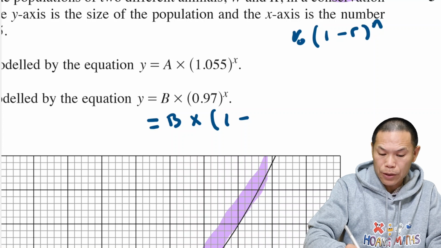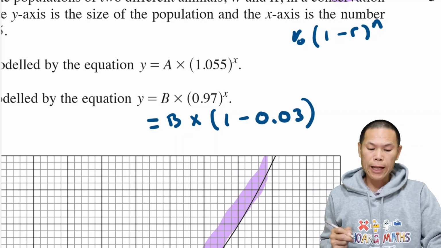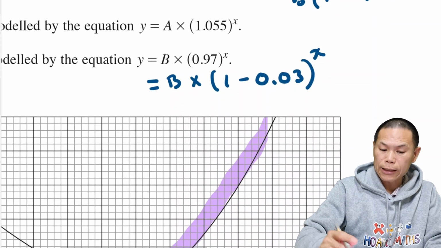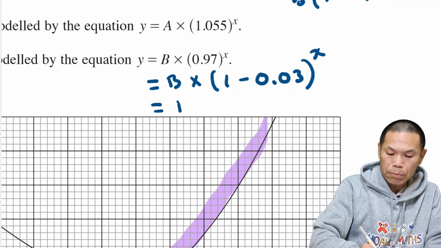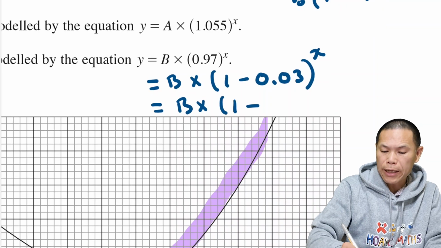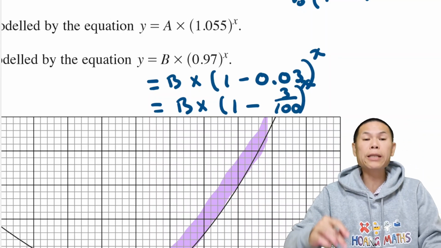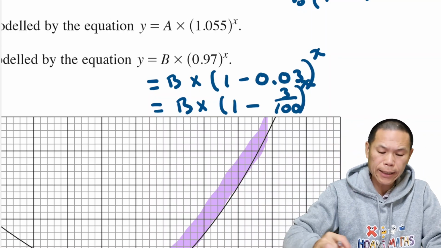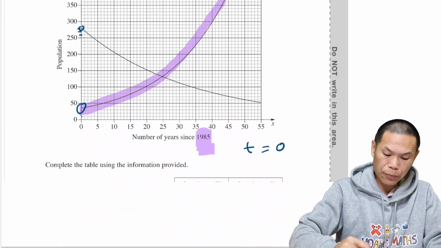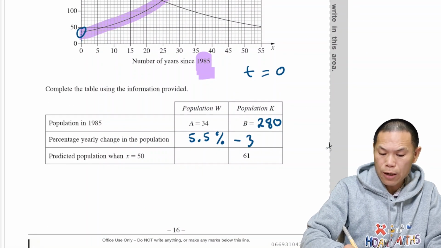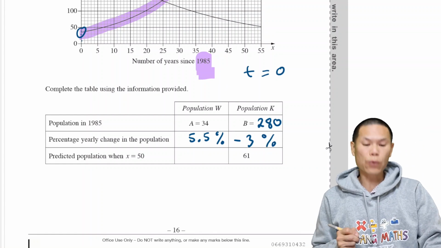So that means this, to the power of x, becomes B times 1 minus 3% to the power of x. So that means it has gone down 3% each year. So that is negative 3%. So that's what that meant.